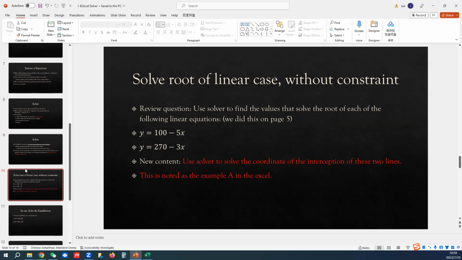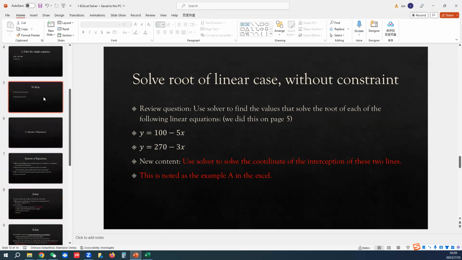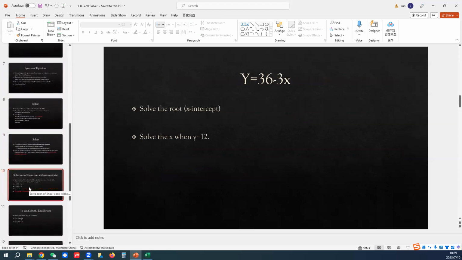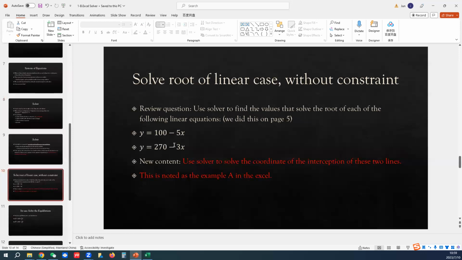Here, in the first question, which is a review question, I'm recommending you to do this by yourself, which is to use Solver to find the values that solve the root for each of the following linear equations. Actually, we did this in our slide 5. Okay, that's just a little bit of review.